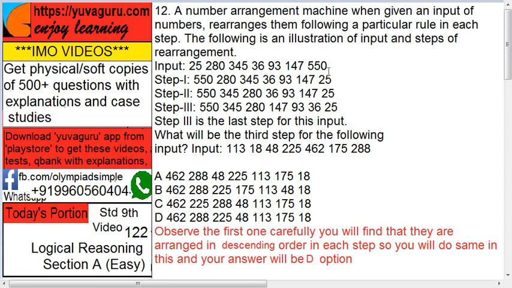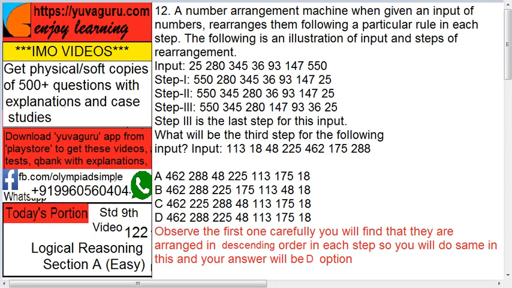It is arranging the numbers in descending order and replacing the numbers in that place earlier in the descending order number place. Means 550 is the highest number, bring 550 over here and 25 over here. Then next highest number is 345, bring 345 over here in step 2 and 280 over here, right? Then third step is 147 over here and 93 over here.